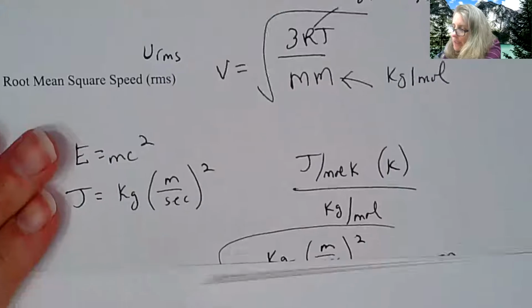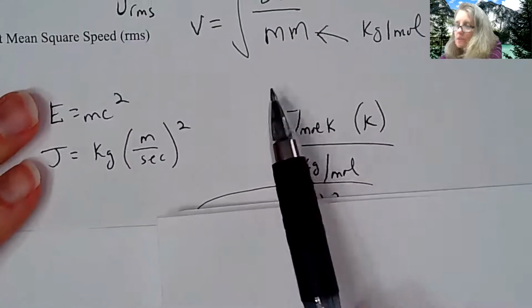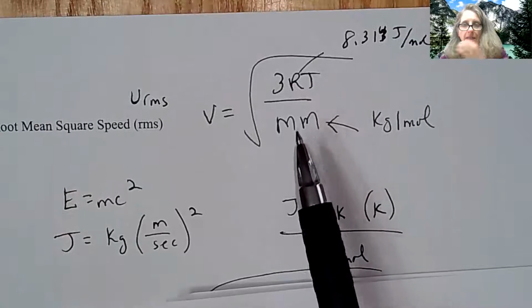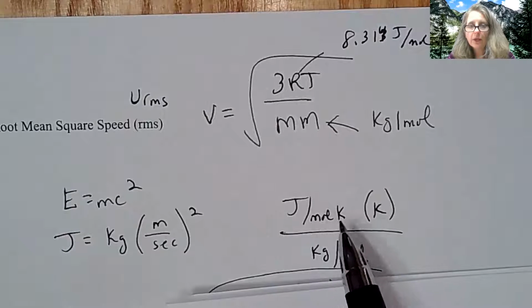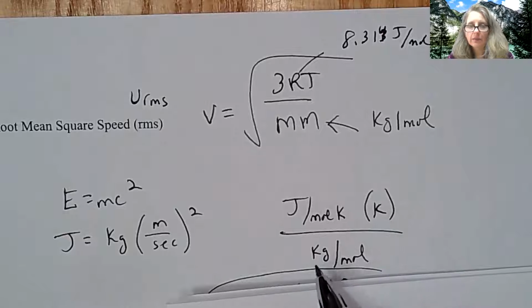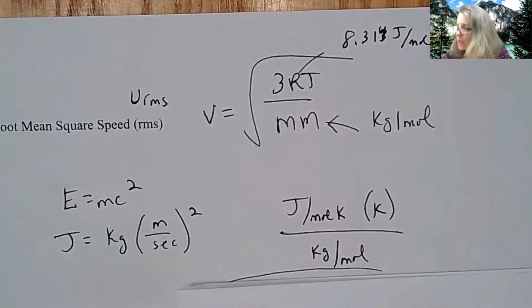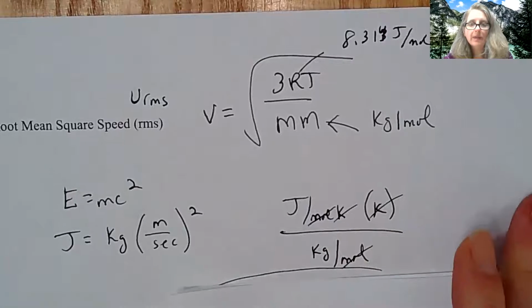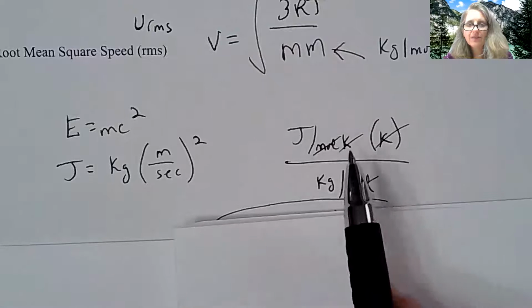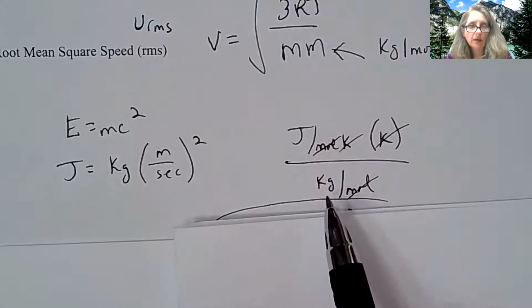So if I plug in units for my R, my T, and my molar mass here, R is joules per mole Kelvin, my temperature is in Kelvin, and my molar mass is in kilograms per mole, what happens is the mole cancels the mole, the Kelvin cancels the Kelvin. So how do I cancel out the joule with the kilogram?